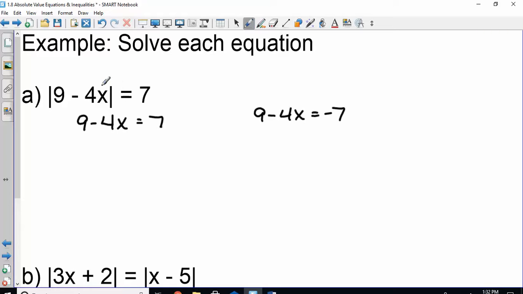Solve each of them. So subtract over your 9. Divided by negative 4. And I get a positive 1/2.